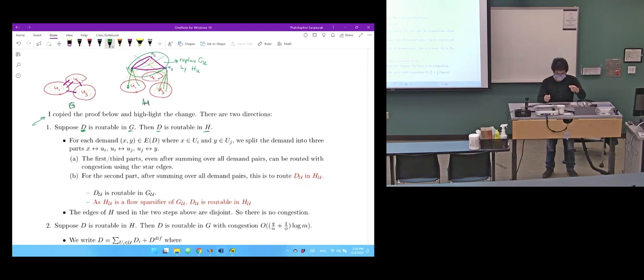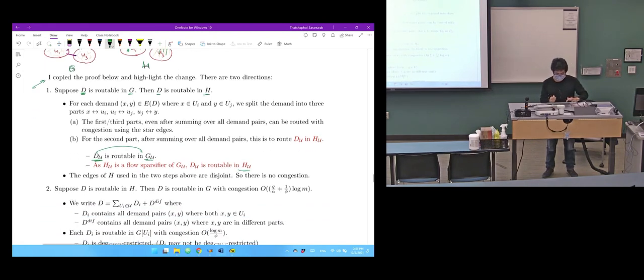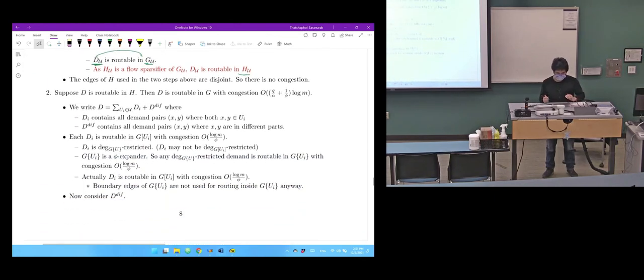First of all, when you put everything up, you get the projected demand. You know before that this projected demand is routable in GU. But SU is a sparsifier of GU. So this demand itself can be routed in SU too. And that's it for this direction. So this is the easy direction.